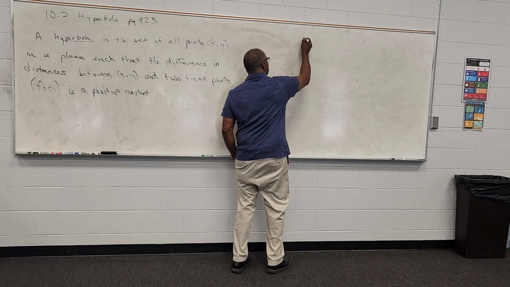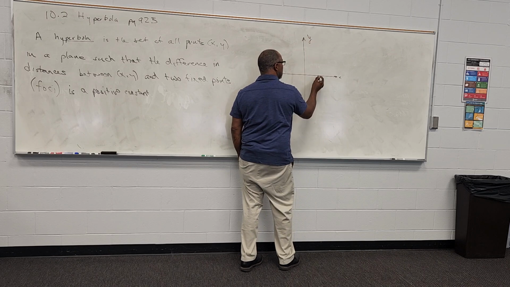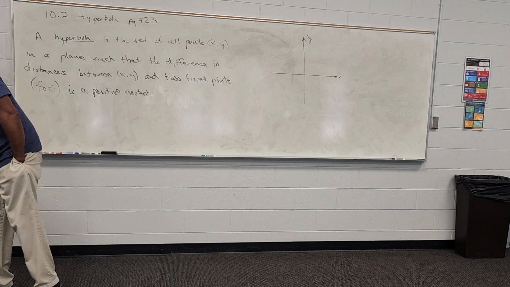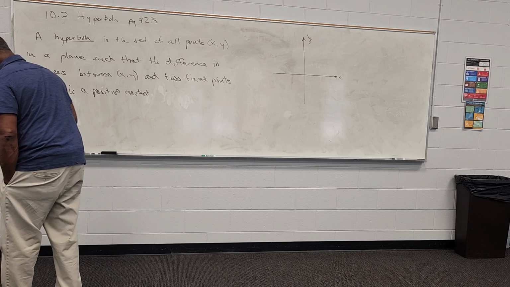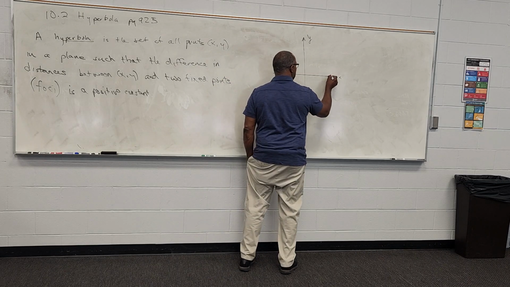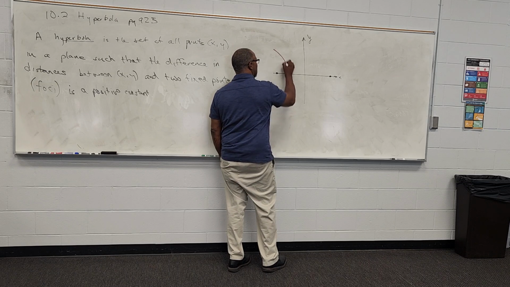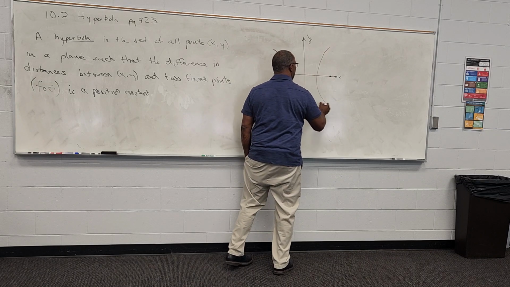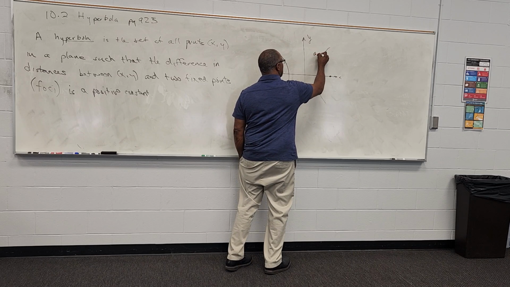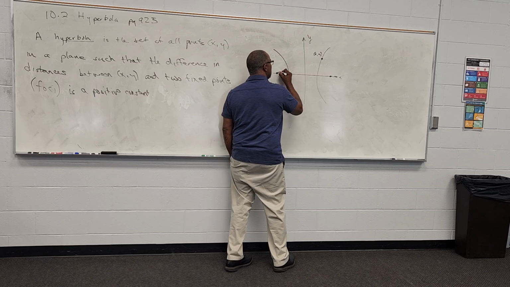Well, if you had an XY orientation system, and this picture is on page 925, and you had a focus right here, equidistant to a focus right here. This is actually the graph of the hyperbola.